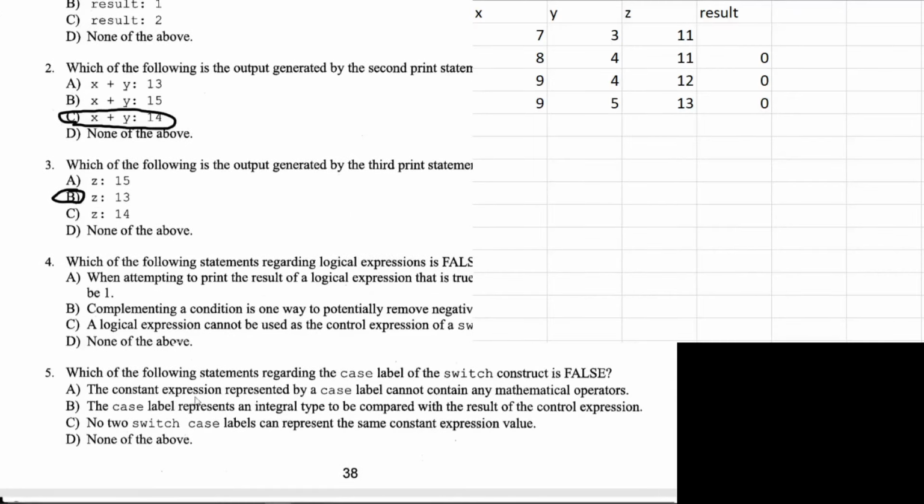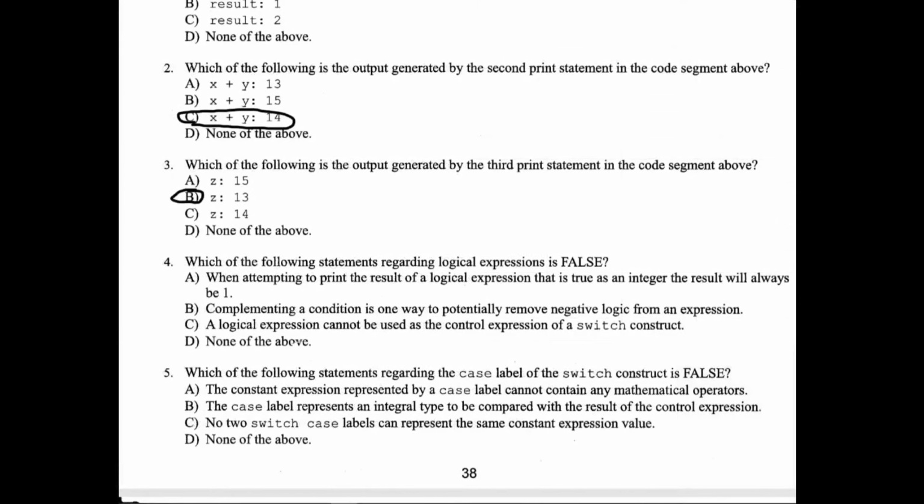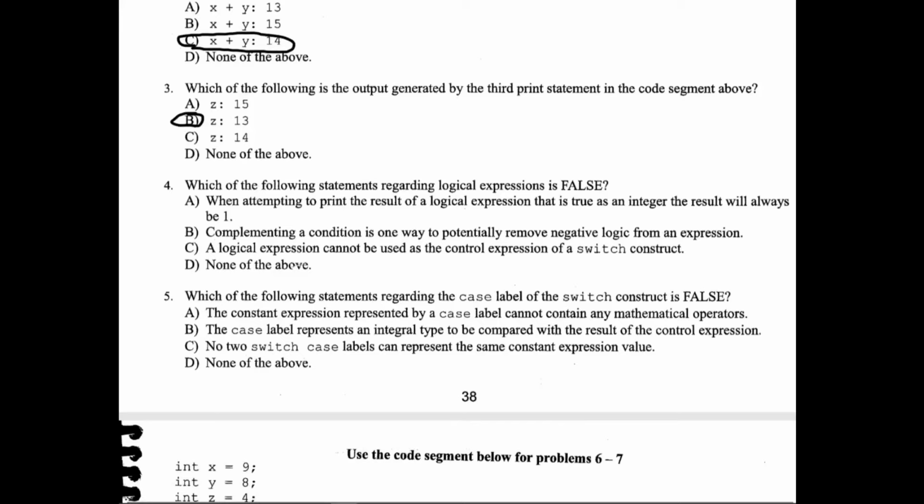All right, moving on, we have a few logical expression questions. Question number 4, which of the following statements regarding logical expressions is false? When attempting to print the result of a logical expression that is true as an integer, the result will always be 1. Logical expressions are always evaluated and returned as integers, either a 1 or a 0, so that is true.